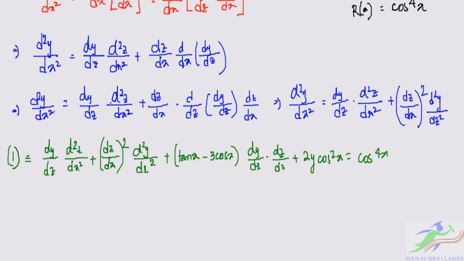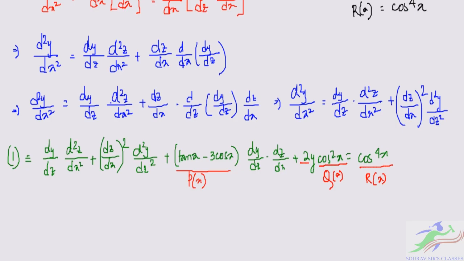This is similar to the standard form, so this is p(x), this is q(x) y, and this cos to the power 4x is r. So there is p(x), q(x) and r(x).